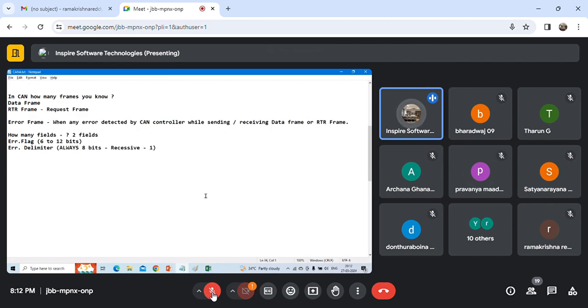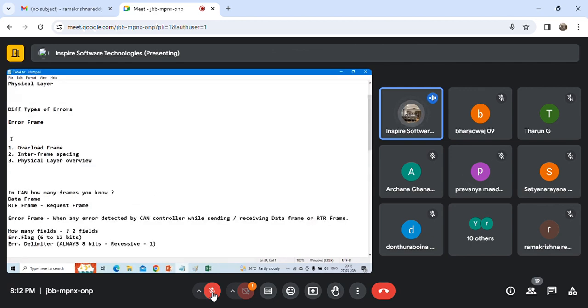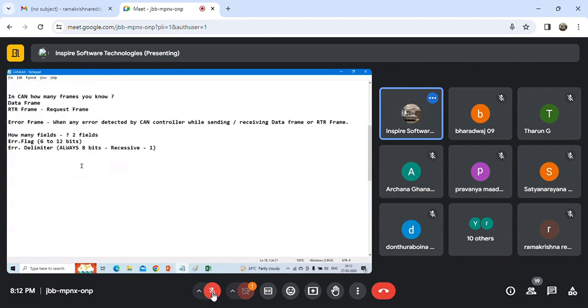Okay, so now moving on to the topics that we are planning to cover: overload frame, interframe spacing, physical layer overview. So let me touch upon interframe spacing. Interframe space, sometimes referred to as IFS.